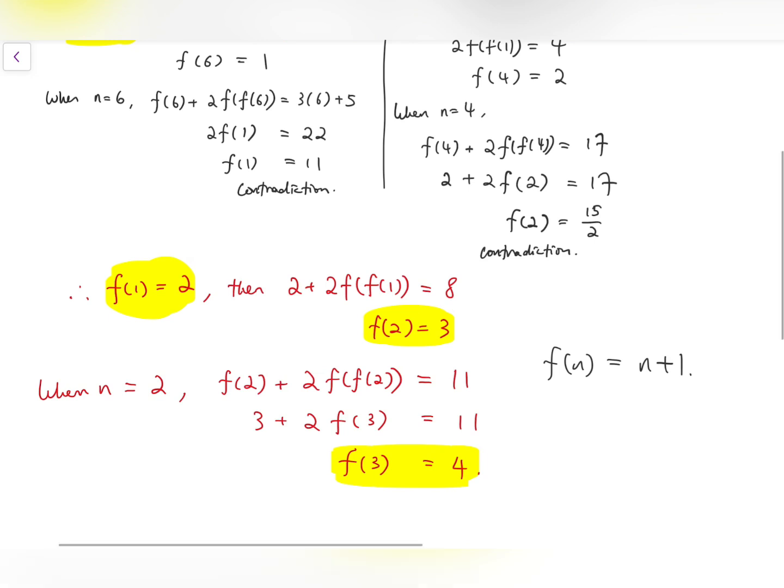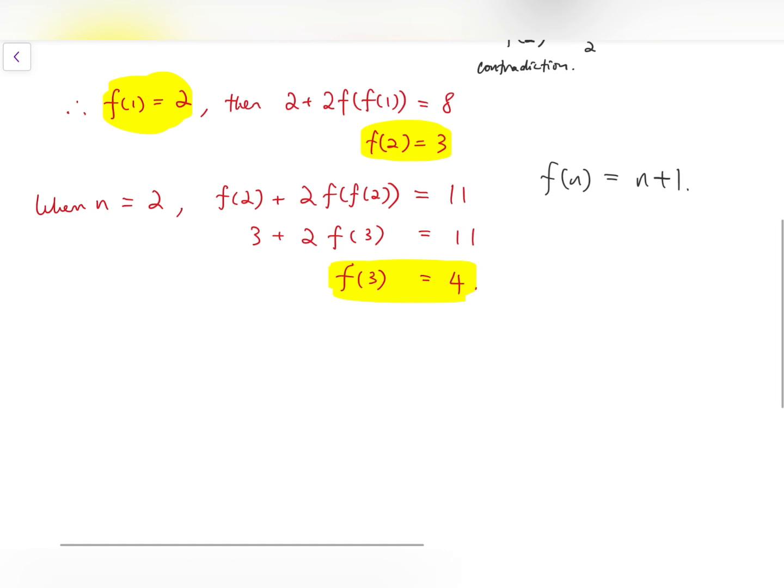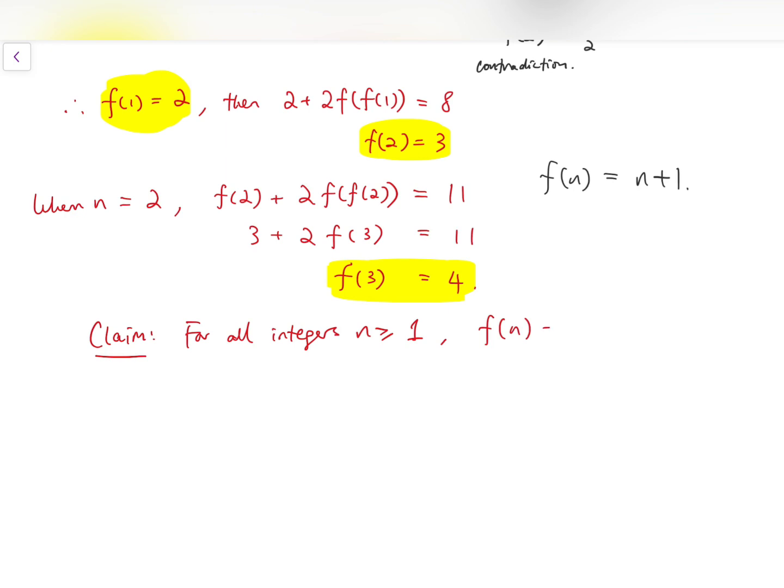Now let's see. In fact, I can make a claim: for all positive integers n, f of n equals n plus 1.